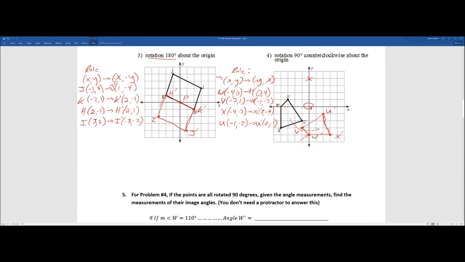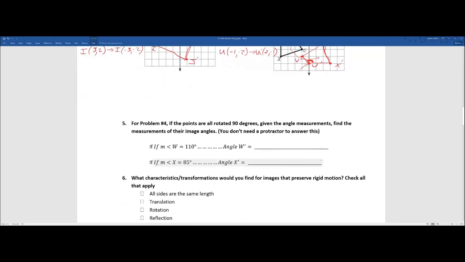If W here is 110 degrees, what is W prime's angle going to be? So talk to your friends, see what that's going to be. And same thing with X. So do this as your turn. Talk to your group and see what your general consensus is.